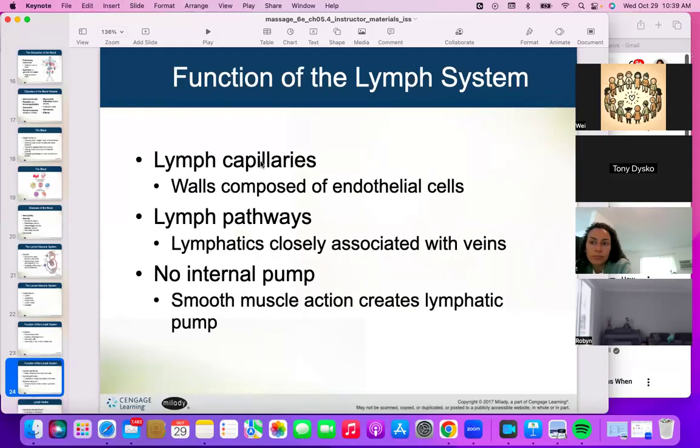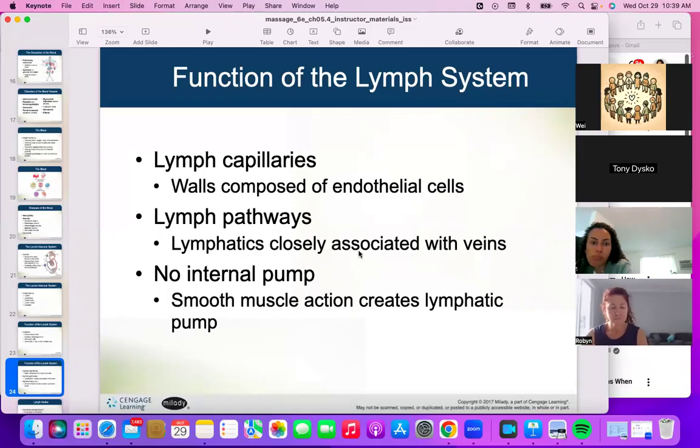Capillaries are tiny, small vessels. The walls of the capillaries are endothelial, meaning they're smooth cells, so there's no muscular tissue in there. The pathway of the lymphatics is closely associated with the veins. They have the same one-way valve pump to push the fluid towards the heart.